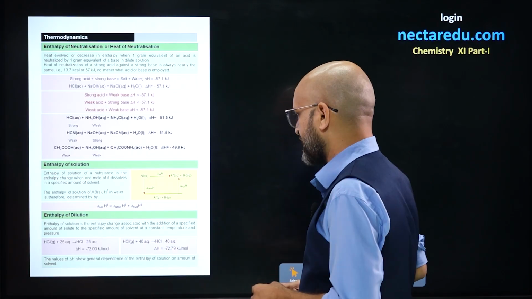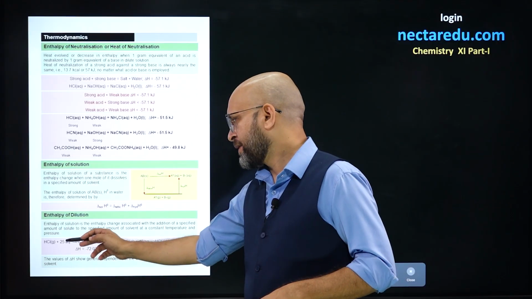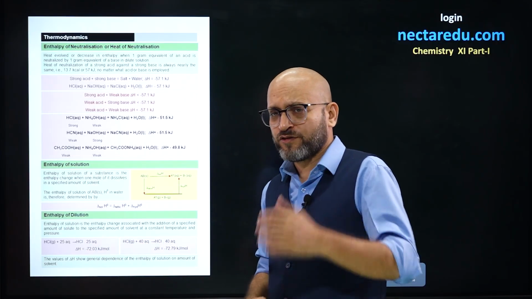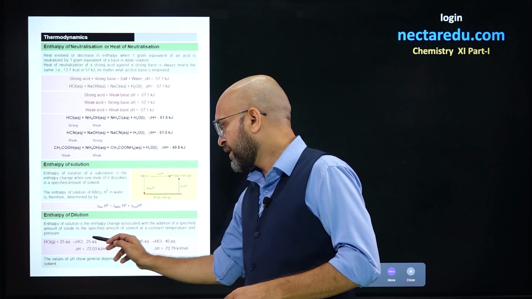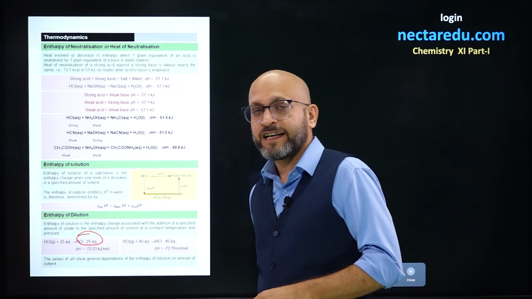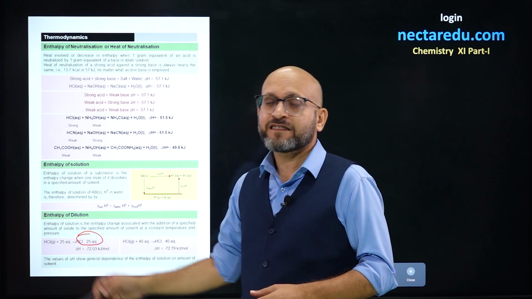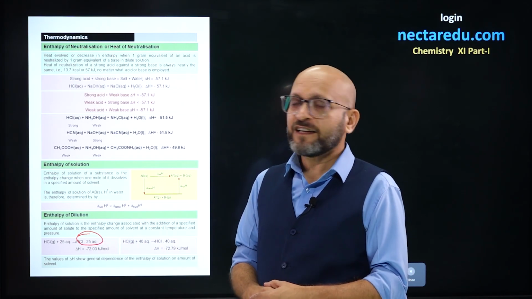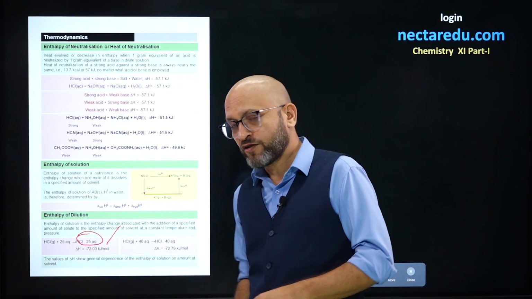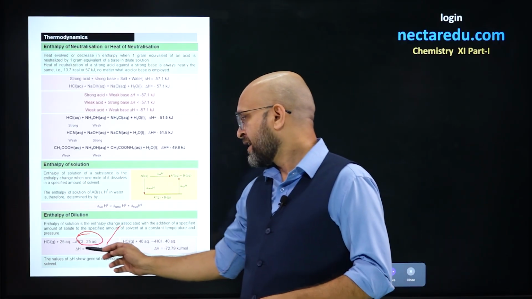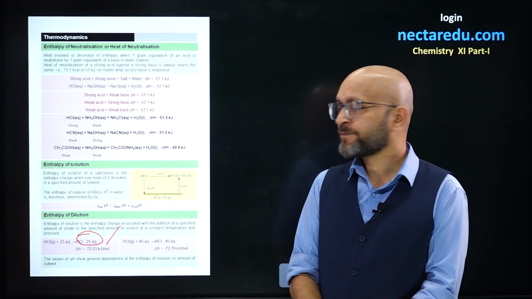So you have it here: HCl gas plus 25 aq, or 25 moles of water, gives HCl.25H2O aq, that is 25 moles of solvent gets attached to HCl. The energy release in this process is minus 72.03. So this is known as the enthalpy of dilution of HCl.